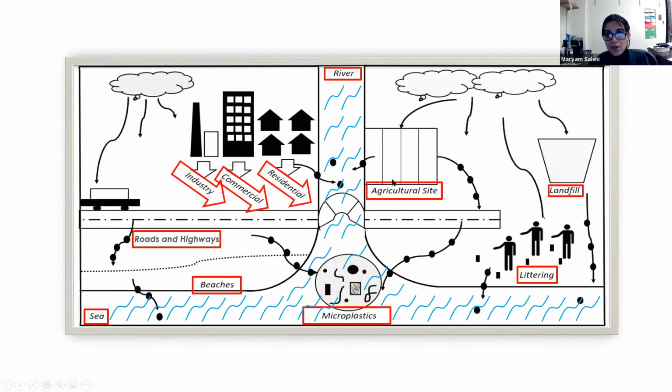We have the agricultural site, the landfill, and littering. This one is focused on the plastic pollutant released by the runoff, but we can consider all sorts of pollutants released in the urban area that could end up with the stormwater in the freshwater streams. Okay.